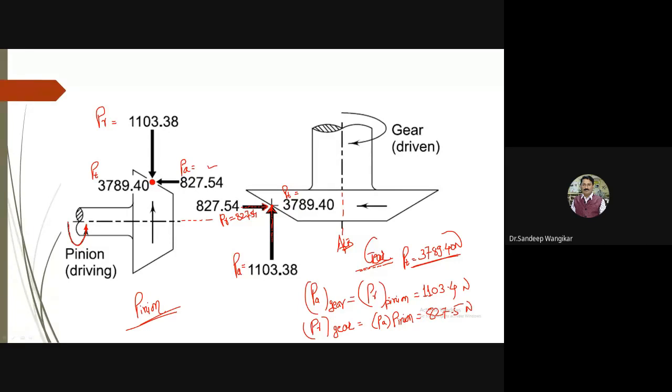So this is about this particular force analysis. Draw the diagram. I will give you time for drawing the diagram. Take 2 minutes.